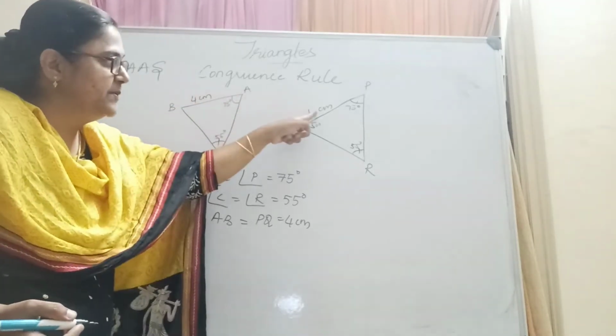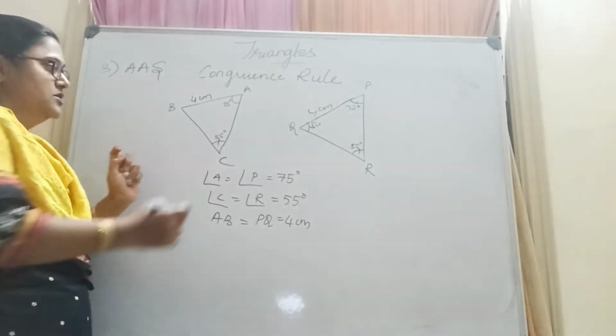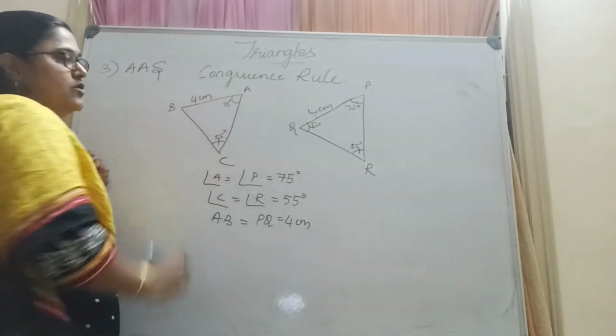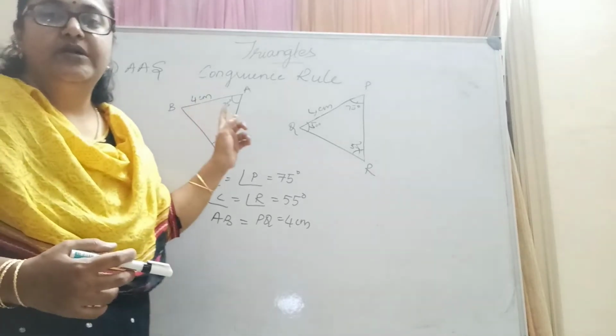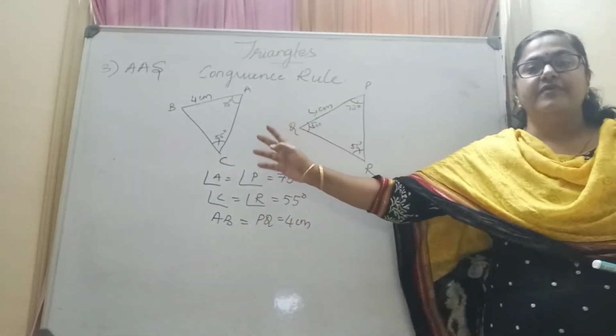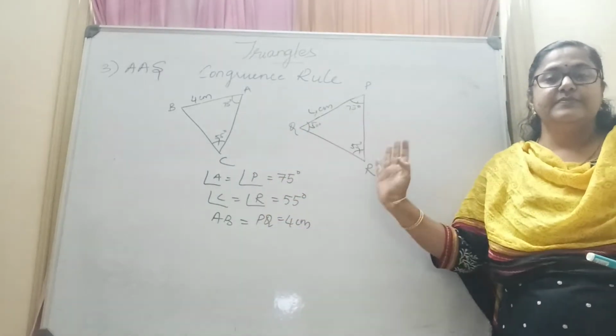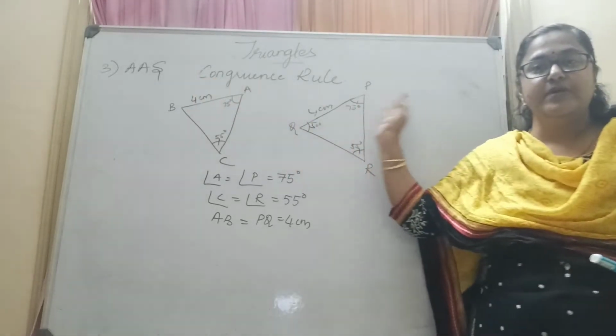So this is 4 centimeters, this is 4 centimeters. These corresponding sides are equal to each other. So this is AAS congruence rule. It need not be an included side. Any two angles and any one side from both the triangles must be equal to each other. Then we call it AAS congruence rule.